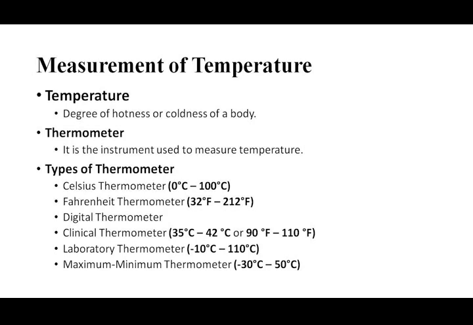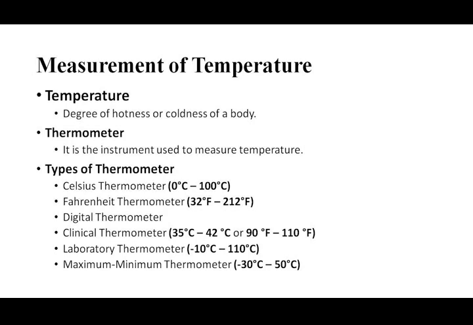Next one is a laboratory thermometer. This is used for experiments, and when you're doing experiments, you need a slightly larger range than your Celsius thermometer. Celsius thermometer is based on the freezing point and boiling point of water.